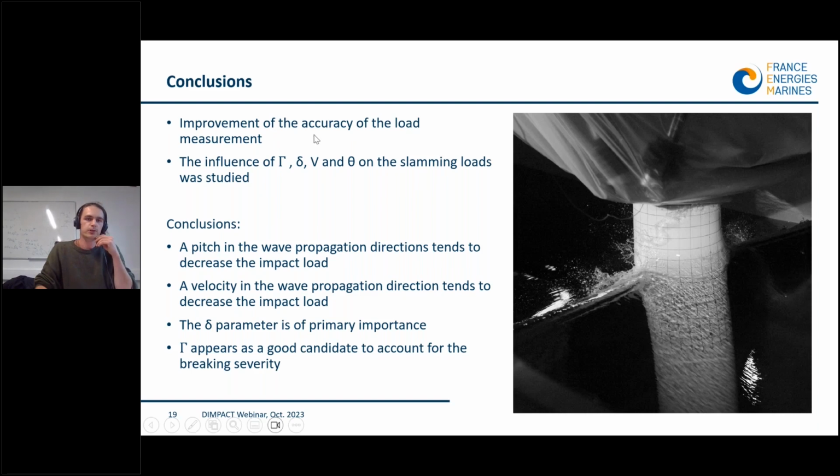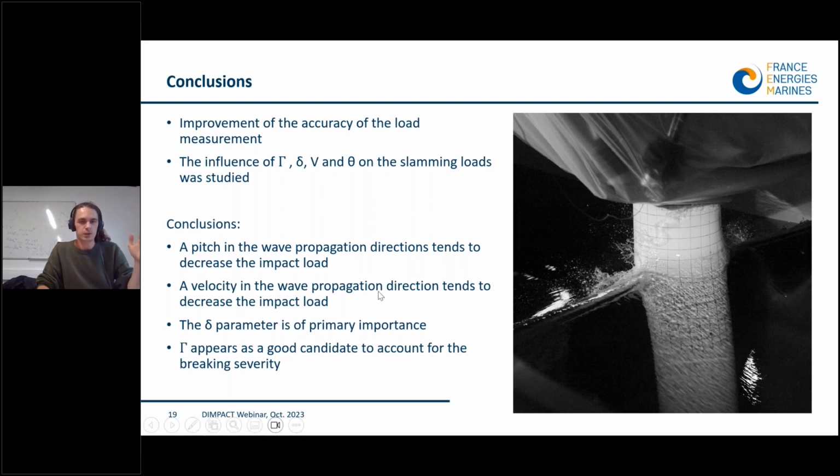We improved the accuracy of the load measurements, thanks to the compensation methodology. We studied the influence of gamma, delta, the horizontal velocity, and the pitch angle on the slamming load. We observed that a pitch of the turbine in the wave propagation direction tends to decrease the impact load.